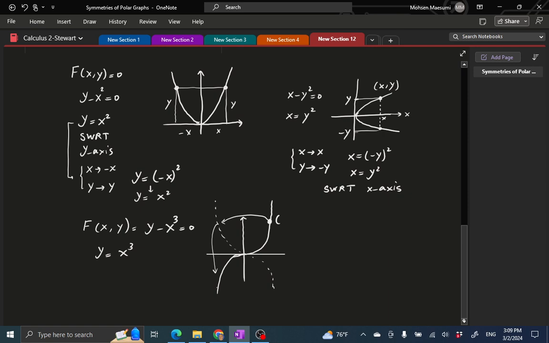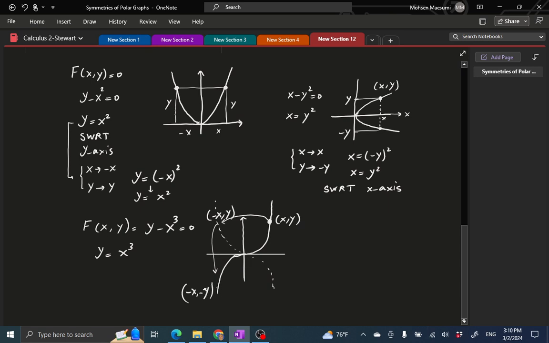If I'm at the location x, y, once I go to the left, I'm at the location minus x, y. Once I come down, y also flips, becomes minus x, minus y. Meaning both x, y and minus x, minus y are on the graph of the equation that we have.